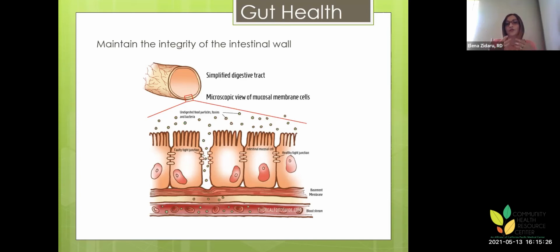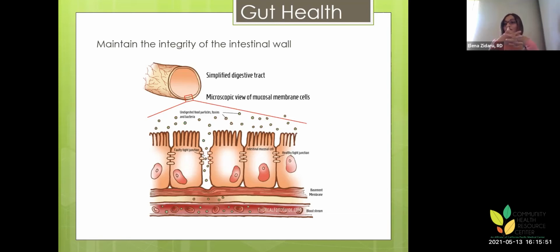And then again, if the integrity of this intestinal cell layer is affected, if let's say the cells are too permeable, certain things can leak into our blood and be recognized as foreign materials by our immune system, and that's not good overall. So we need a certain degree of permeability.